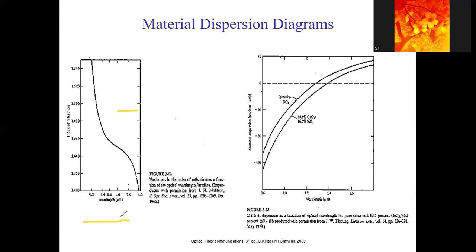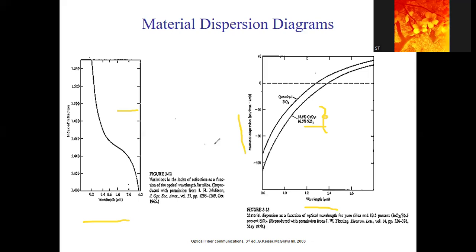So here the fiber is made up of silica, and in this case we have used silicon oxide and some other compositions, and for this the material dispersion is calculated as a function of wavelength. This is taken from the book Optical Fiber Communication, third edition, Keiser, Tata McGraw-Hill publication.